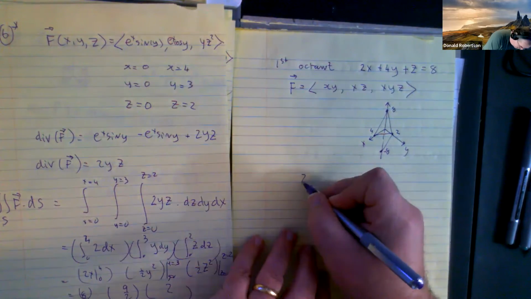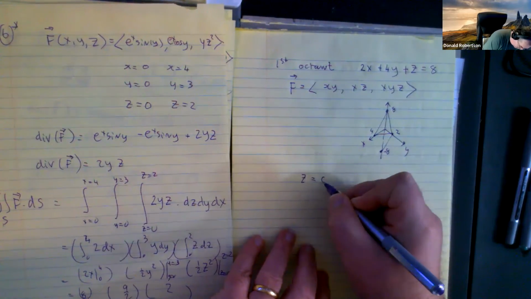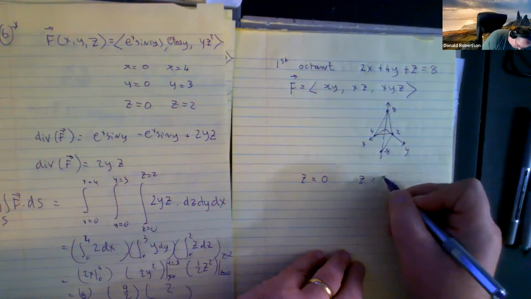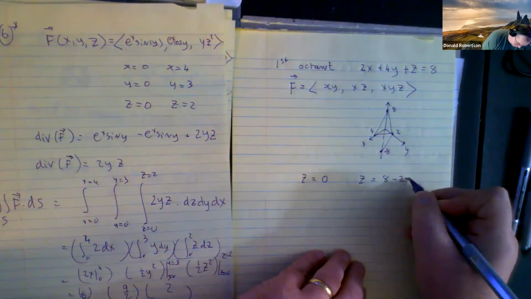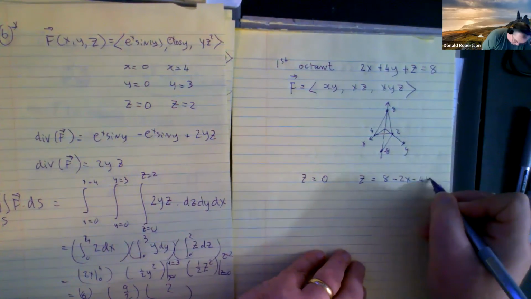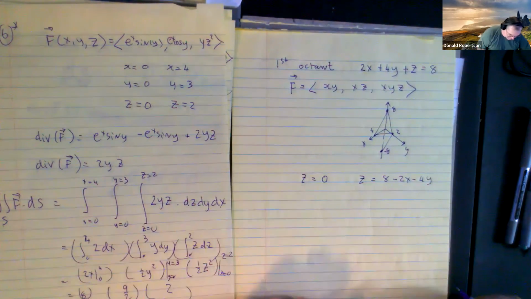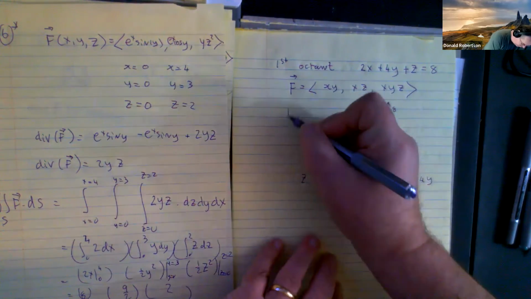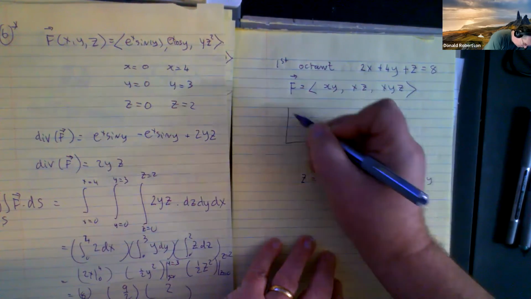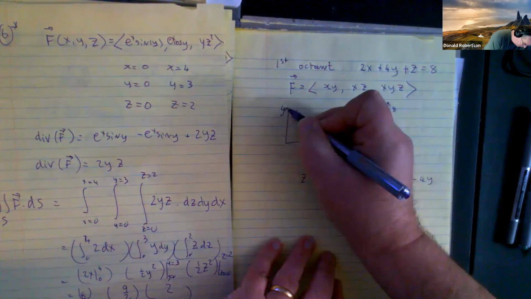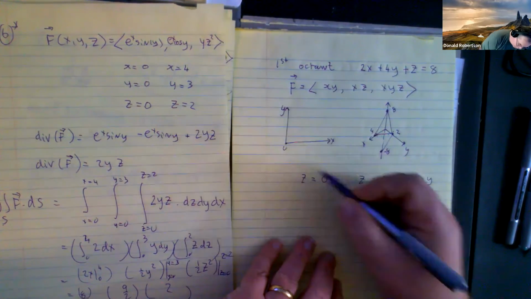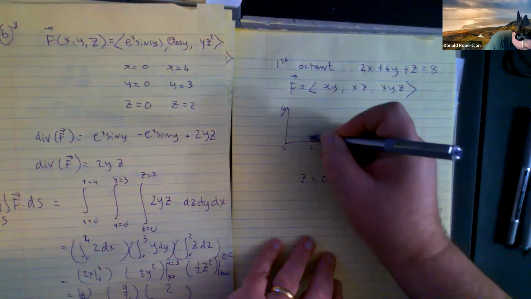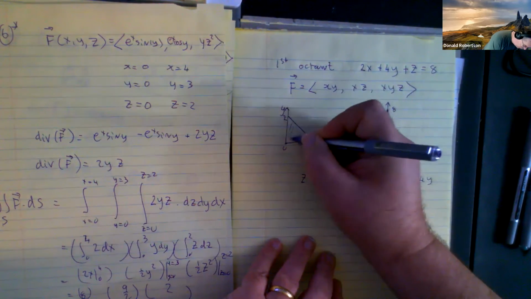So I can tell that z is going to go from 0. And if I rearrange this guy, it becomes 8, take away 2x, take away 4y. So that's the range of the z's. If I then use these 2 points and rearrange them, I should be able to find out what we have. We have an x at 4 and a y at 2.